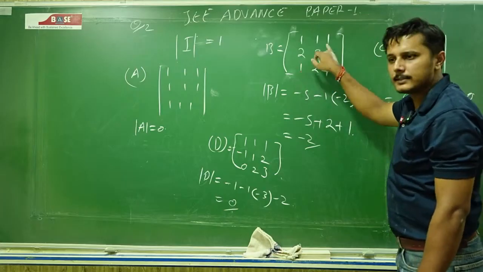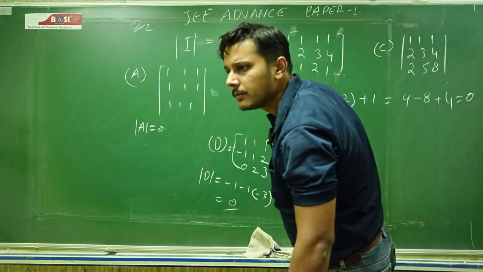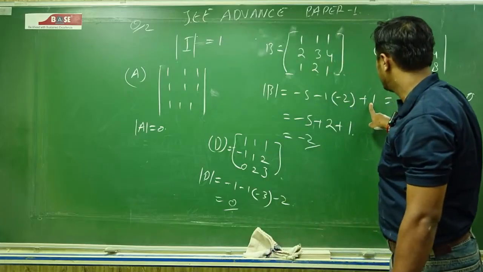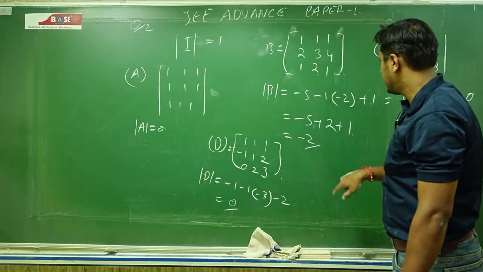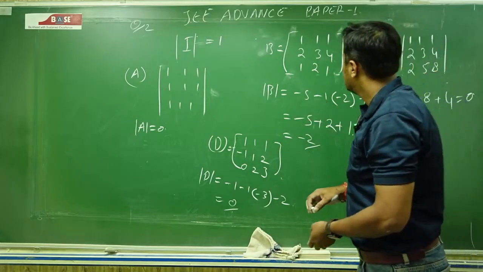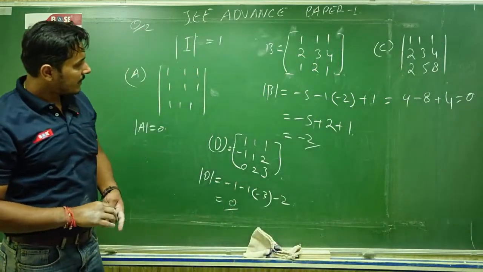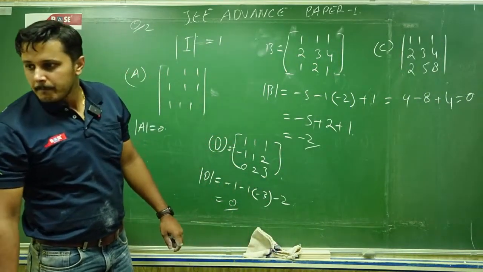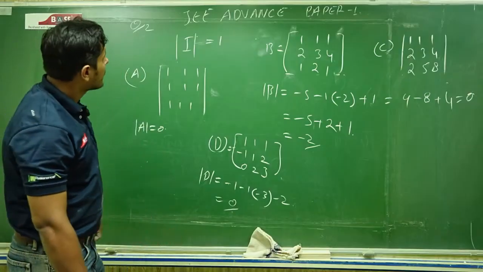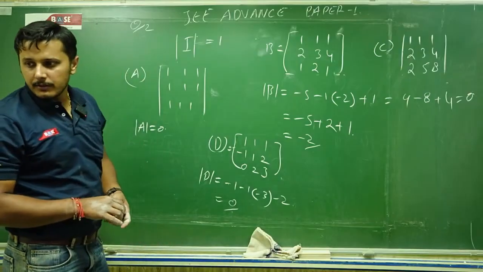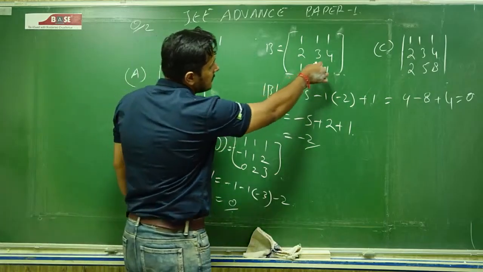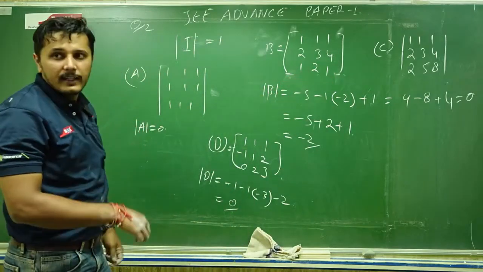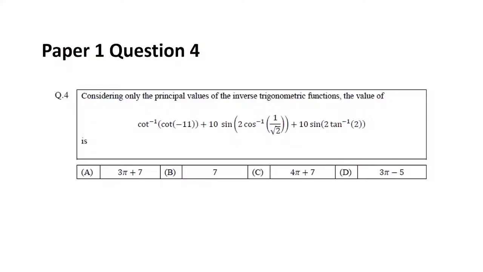This is 4 minus 3, which is 1. Okay, right now I am not getting the right answer because that value should have come as 1. Now let's move to the next question. It's an easy one only. Okay, let's move to the next question. Question number 4.